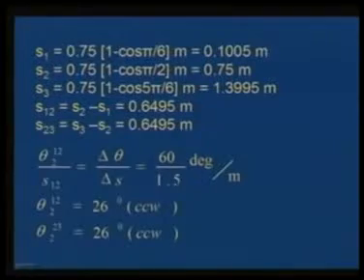Further 26 degree rotation in the counterclockwise direction of the crank will again cause further 0.6495 meter vertical travel of the slider. So let me now at the first stage design the slider crank mechanism, which I will explain through the usual graphical method which we have learned earlier.